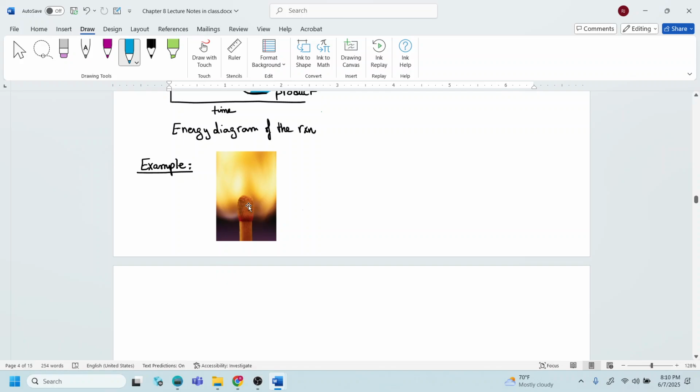Once the match is rubbed on a rough surface, the energy of the rubbing is going to provide the necessary activation energy to cause the match head components to react, and the match is going to ignite.